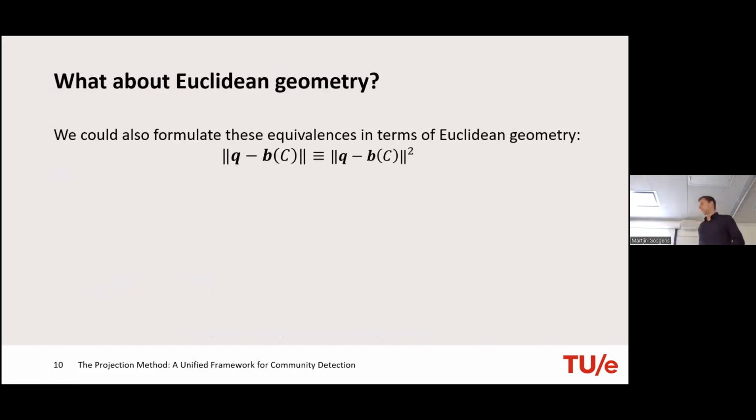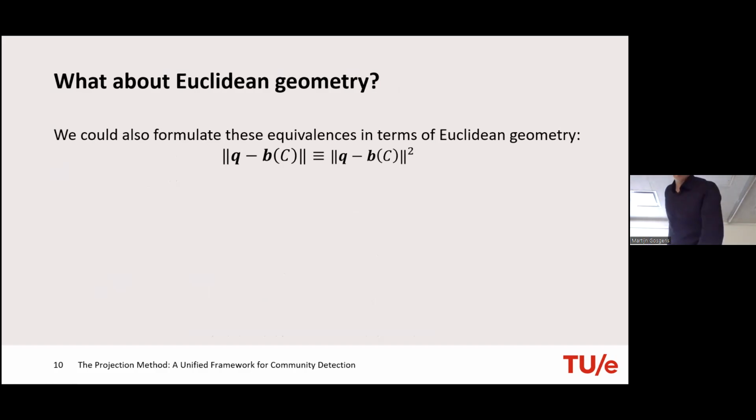So now we have rewritten everything in hyperspherical geometry, but you might be asking, isn't it easier to think of Euclidean geometry, because that is less curved and curves are difficult? So we could also rewrite this in Euclidean geometry, and maximizing modularity or Markov stability is also equivalent to minimizing the Euclidean distance. You can see that as follows.